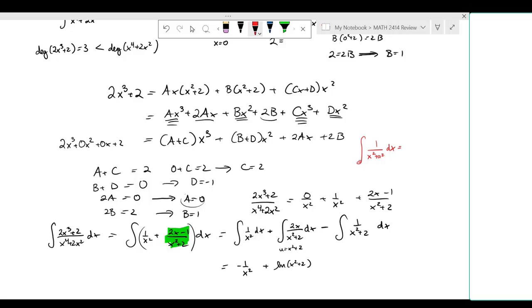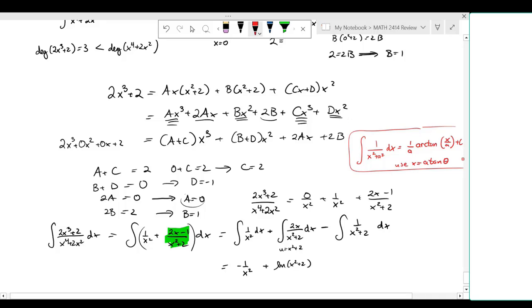What's that antiderivative in red? Okay. All right. Well, so 1 over a arctangent, or inverse tangent, I guess, of x over a. So that one you kind of want to know. You can rederive it for practice using trig substitution, where you let x equal a tangent theta, to see if that's correct or not.